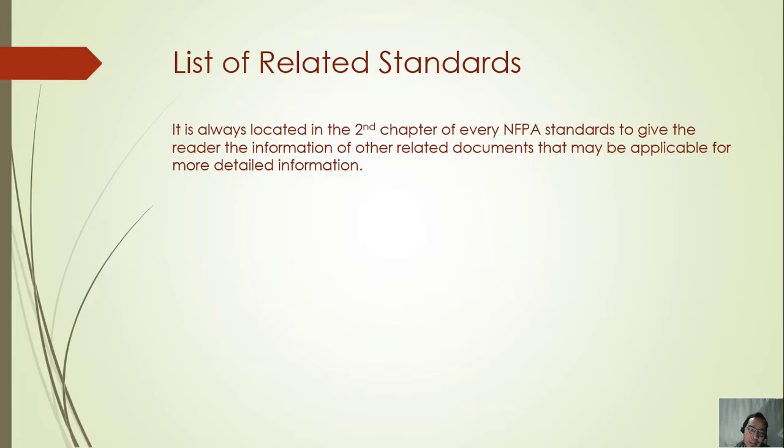That's why when you read, let's say NFPA 72, you will also find in the second chapter that you have to refer to other NFPA documents like NFPA 70, where you can find the standards for installation of wirings, and 90A, requirements for installation of duct detectors. There are a lot of related documents, so this chapter of a particular standard shall also be read by the end user.